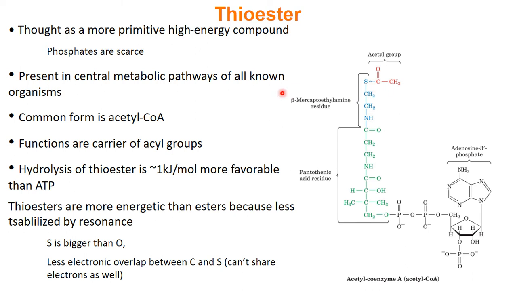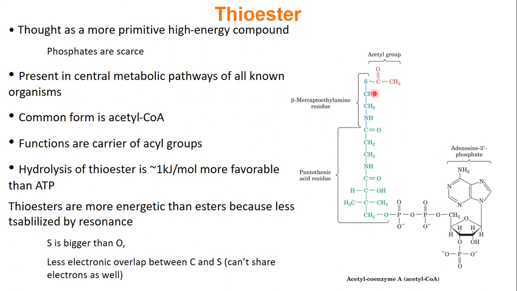And this is actually in all central metabolic pathways of all known organisms. The common form we're going to talk about is acetyl-CoA, which is shown here. Your acetyl group, your beta-mercaptoethylamine residue, pantothenic acid residue, and your adenosine 3' phosphate, all connected.